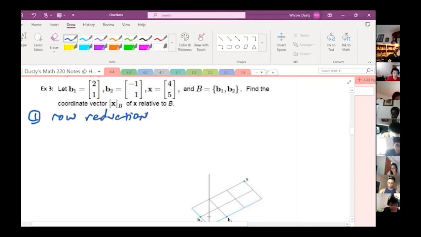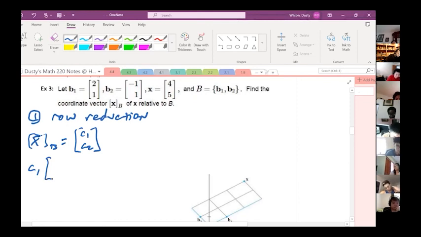If we want to do it using row reduction, you think about it and say, what is xB going to look like? You're going to have some xB, and it's going to be some C1, C2, and that C1 is going to be the weight on the B1s, and the C2 is going to be the weight on the B2s.